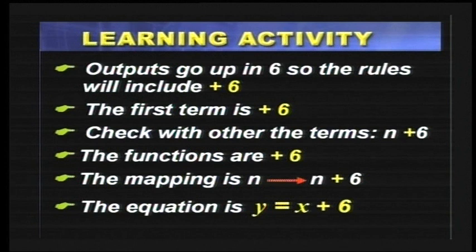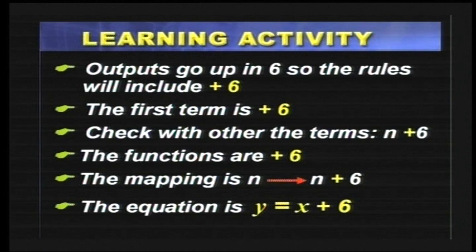Outputs go up in 6, so the rule will include plus 6. That's from the main part of the function machine. So the first term is plus 6. We check with the other terms. We should have n as our input plus 6, the rule. And the function, what you have in the main part of the function machine, is plus 6. You are adding 6.